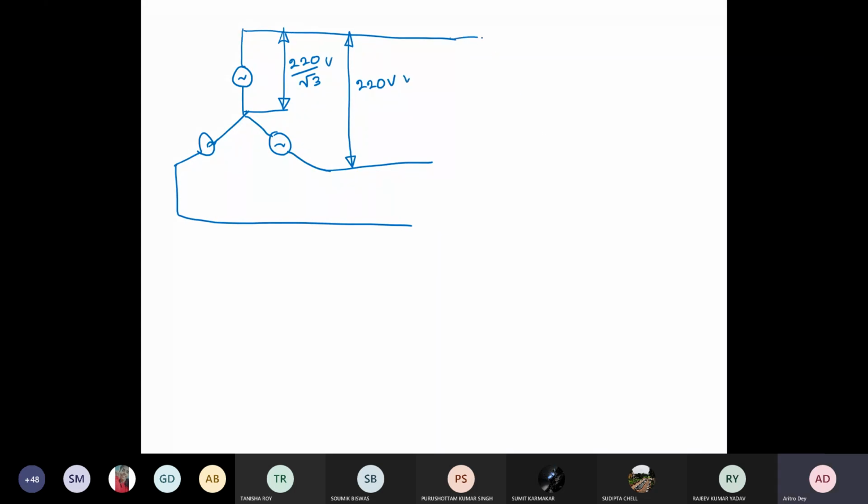Now with this we have one star connected load, which we should not write as only resistive, and that impedance per phase is 2.904 plus j 3.872.